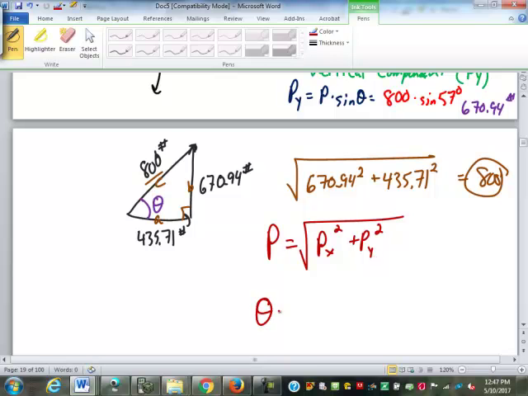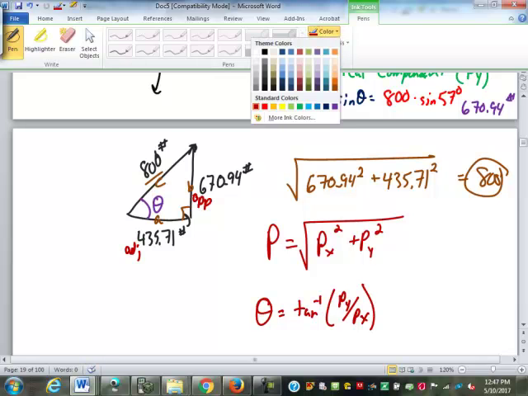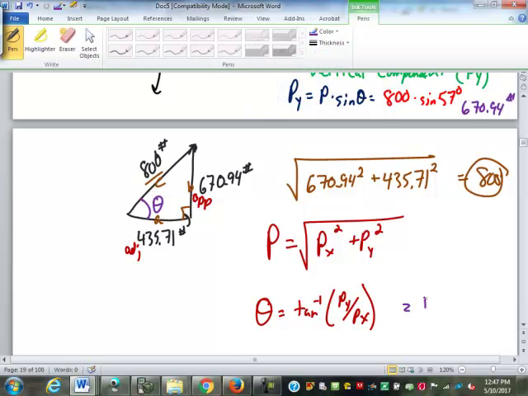Theta, if I have the components, you can see this is the opposite side and the adjacent side. That's going to be a tangent. So that's going to be the inverse tangent of Py over Px. If I try that out, let's try it. The inverse tangent of 670.94 over 435.71.